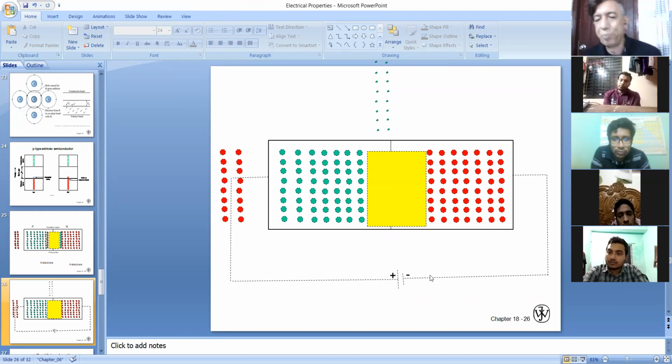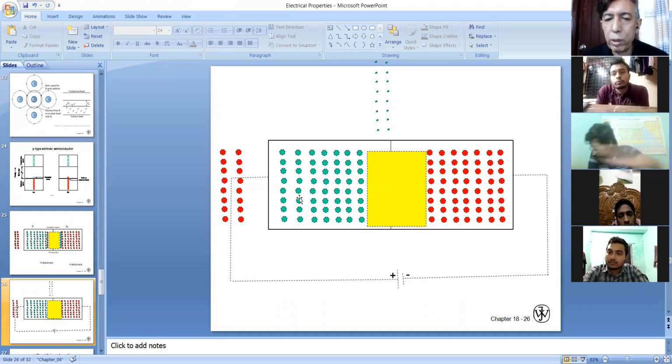Then what will happen? You see, these are the positive holes, and these are the negative charges.